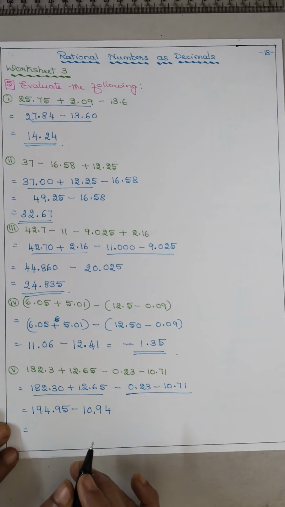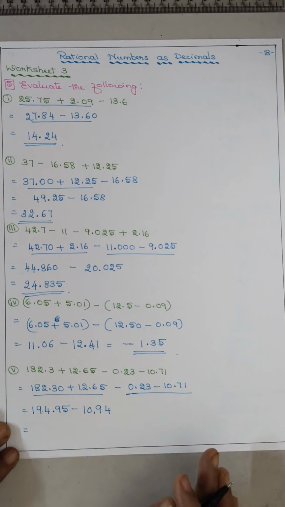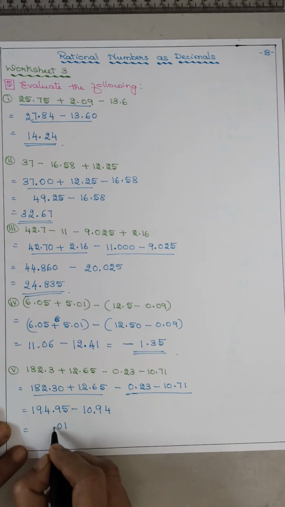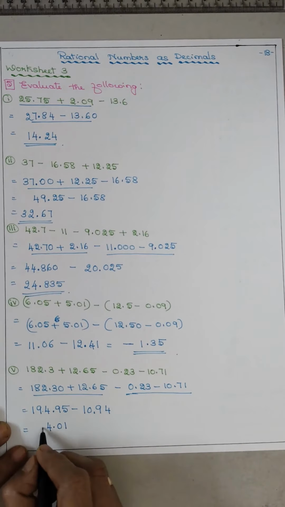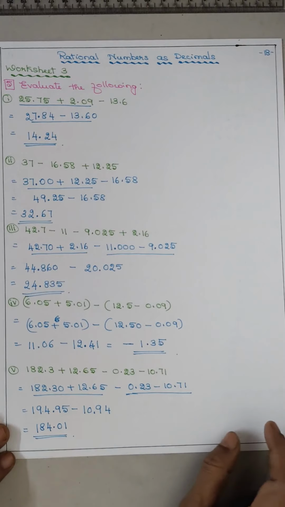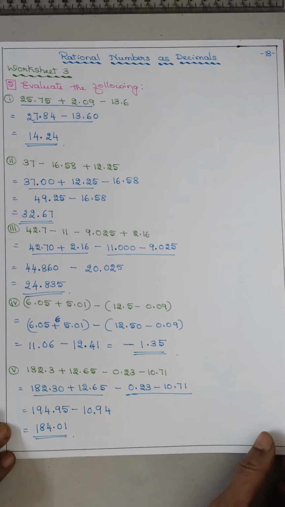Now this is bigger, positive 1. Okay, directly subtraction. 5 minus 4, 1, 9 minus 9, 0, 4 minus 0, 4, 9 minus 1, 8, 1. Answer is 184.01.